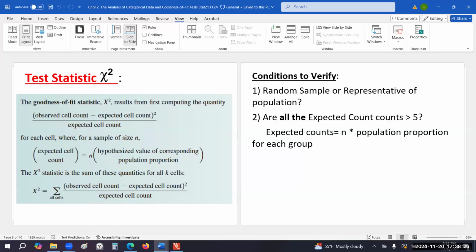Expected count means our sample size times population proportion for each group. If all of these are bigger than 5, then we can perform the chi-square. Also, the sample we are working with must be representative of the population or a random sample.